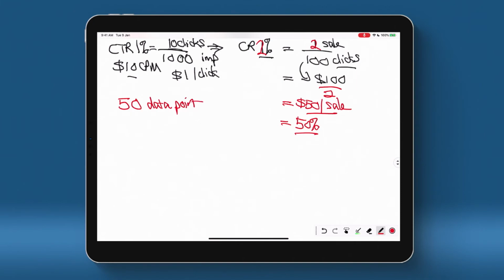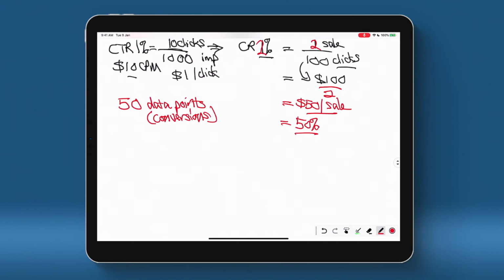So 50 data points, otherwise known as 50 conversions. Depending on what your conversion action is, if it's lead generation, then we're talking about 50 forms being submitted. If it's e-commerce, then we're referring to 50 sales. That's what we mean by data points and conversions.